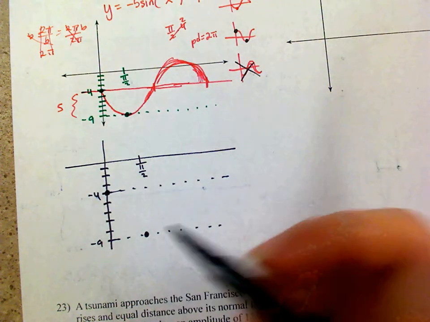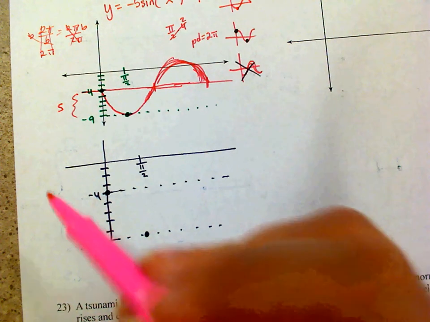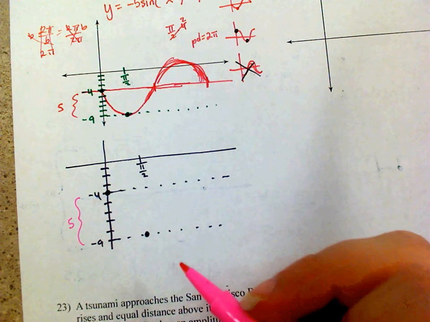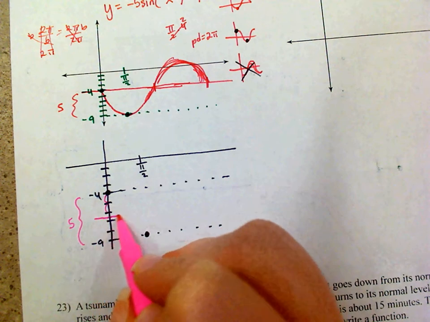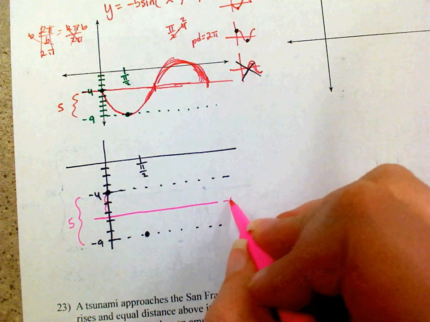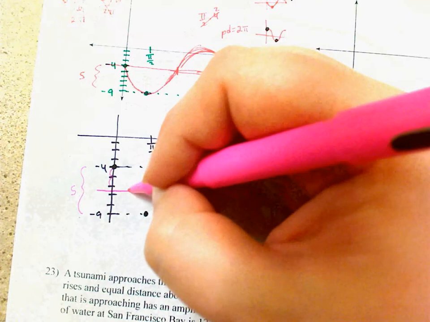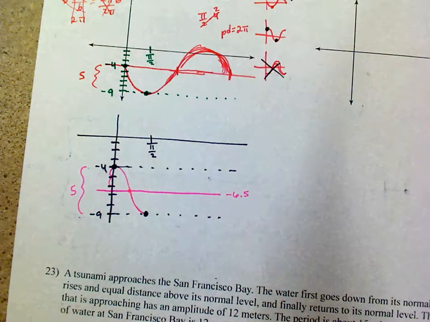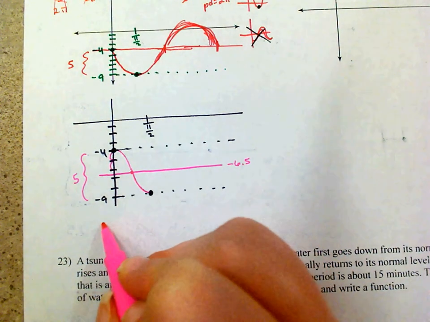And half of 5 is 2.5, which puts my midline at 2.5 past negative 4, which is negative 6.5. Okay? If I were to sketch my cosine wave, I know it would do this, and then do that. Okay? So, I've got y equals, my amplitude is 2.5. It's a positive cosine wave with a midline at negative 6.5.